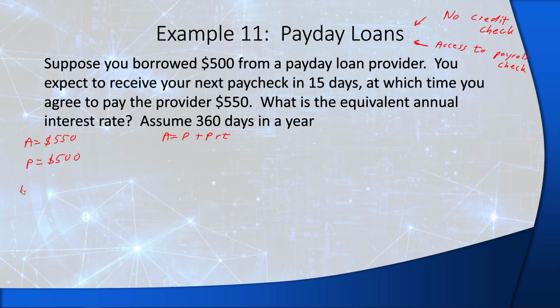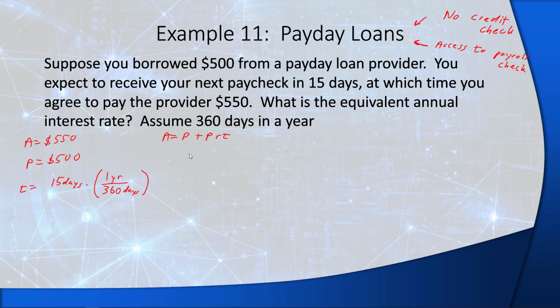The duration, T, is 15 days. However, we are going to assume that there's 360 days in a year, so we can multiply this by 1 year divided by 360 days. And now we have everything that we need. We have A, we have P, and we have T. We just need to figure out what R is.